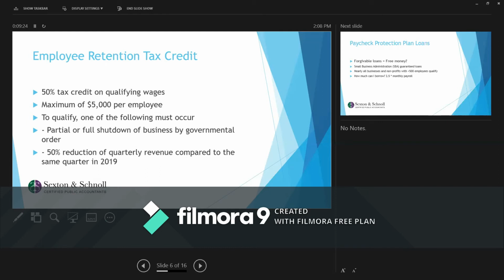So for the second quarter, it would be July. You wait until then to get it. Alternatively, you can actually claim an advance payment on the credit on Form 7200. I promise these are the only two form numbers I will discuss today, but basically you don't have to wait to get this money.